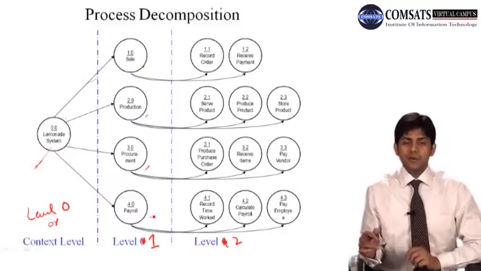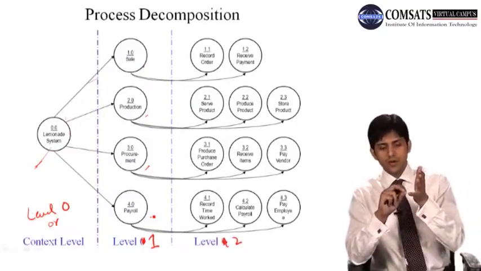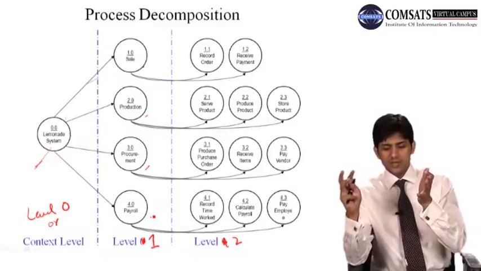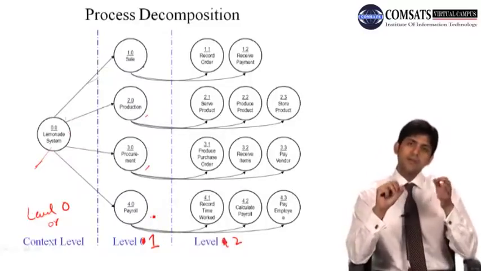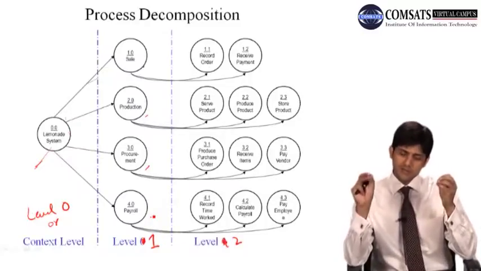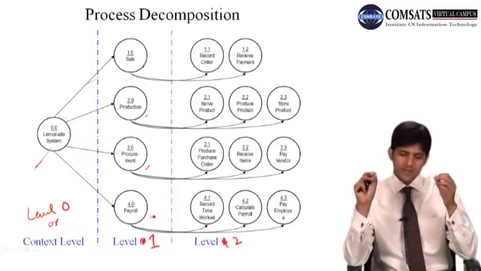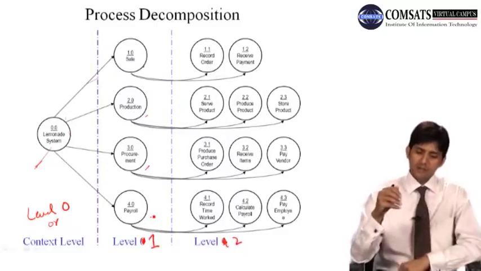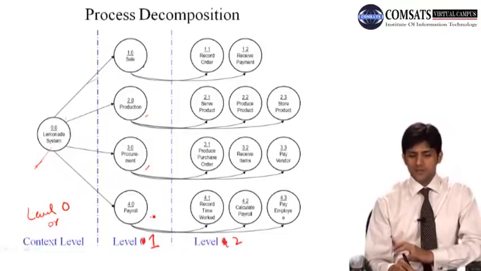When we look at level 2, we decomposed the sale into 2 sub processes, which were record order and receive payment. Similarly, we decompose production into 3 sub-processes: serve product, produce product, and store product. We decompose procurement into 3 sub-processes: produce purchase order, receive items, and pay the vendor. And similarly, we decompose payroll into 3 sub-processes. So at level 2, we have decomposed 4 level 1 processes into 11 sub-processes.